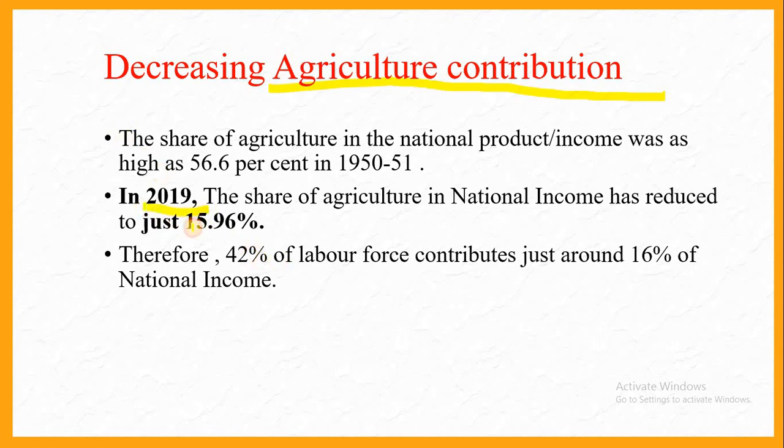In 2019, they contribute only 16% approximately to national income. So nearly 42% of the population contributes only 16% of the national income. Rest all are shared by industries and service sector. Okay. 42% of the labor force contributes just 16%.